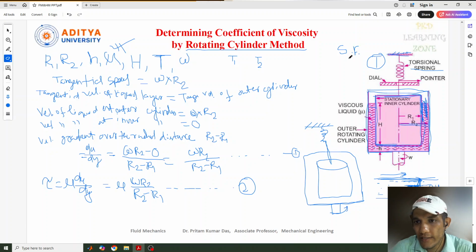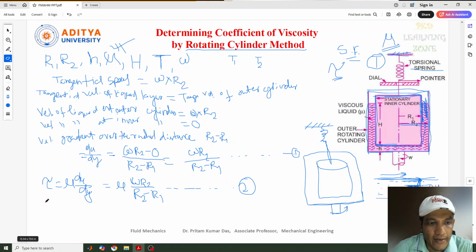Again, for calculating the shear force we need to know the shear stress. So that's why we have already identified the shear stress value. Once you identify the torque value, in this torque equation we have the viscosity term mu.